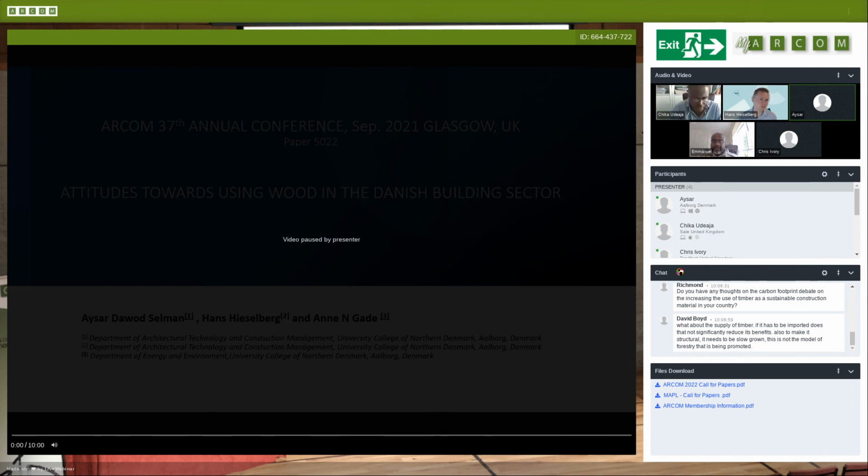We have reports investigating the CO2 impact from many case studies they have made, and documenting the environmental impact from these cases and the environmental benefits also. So yes, we do have a great focus on this today, and documenting more and more the environmental impact when using wood. Thank you. You're welcome.